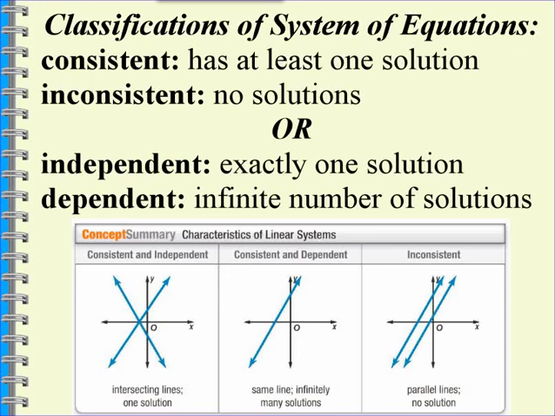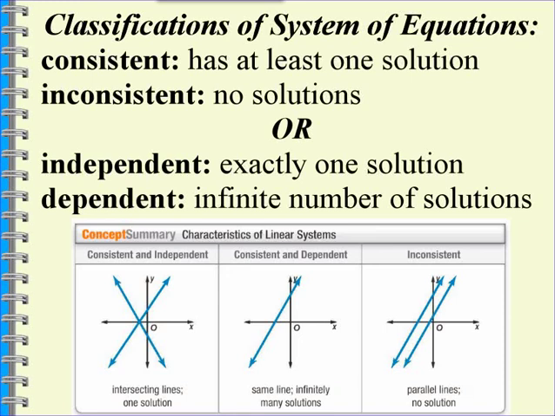And so you're going to have an infinite number of solutions. And an inconsistent system of equations is a system in which you get two parallel lines. And remember, parallel lines never intersect, so there's going to be no solution to that system.